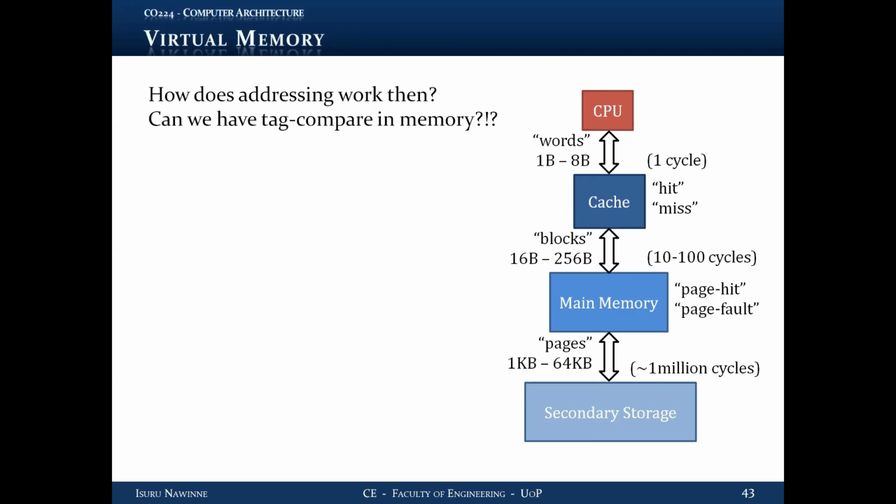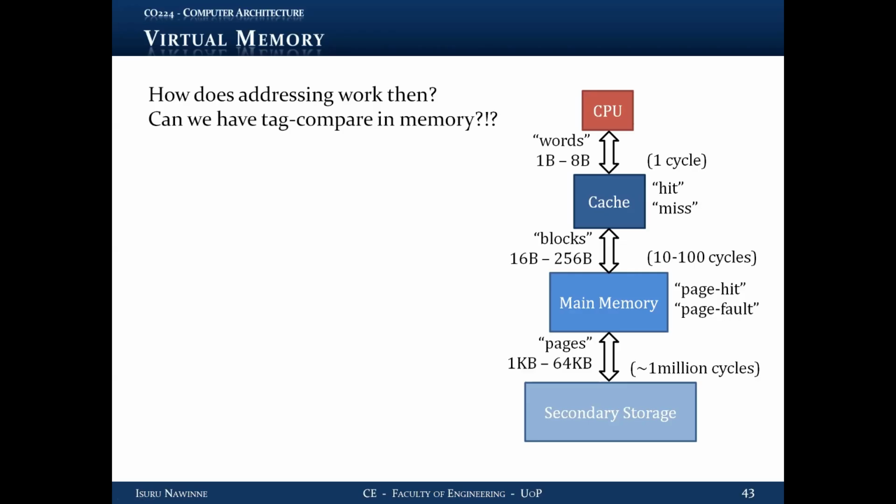Can we have tag compare in memory? So in cache, we had tag compare, right? Cache can only hold a subset of data from memory. In order for us to know what data is stored in a particular entry in the cache, there will be multiple memory blocks mapping to the same entry in the cache.